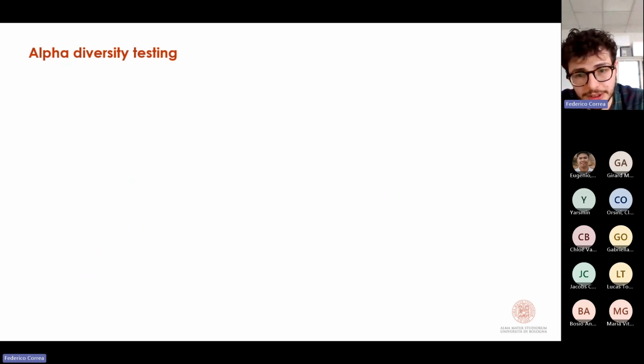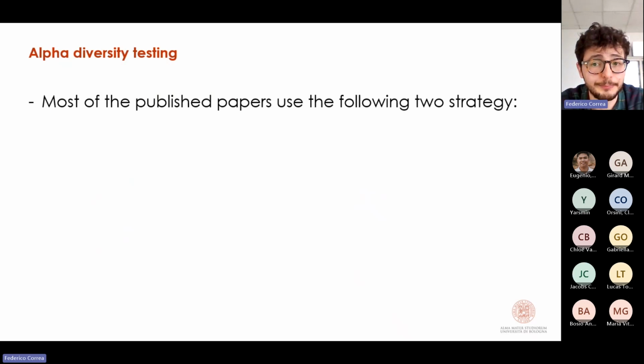Once you have your data on the alpha diversity, most of the papers that we have treat this data as parametric data, but these are not parametric data.